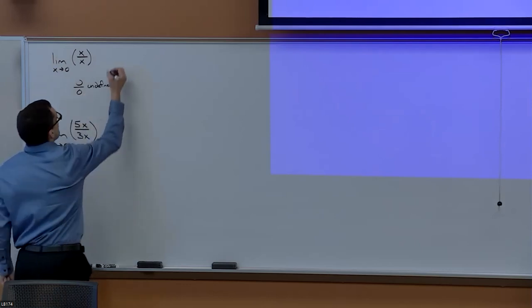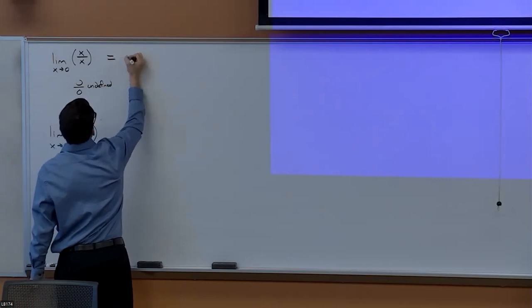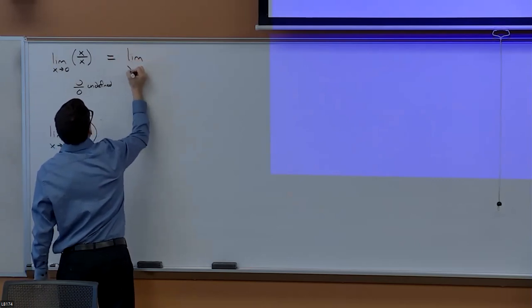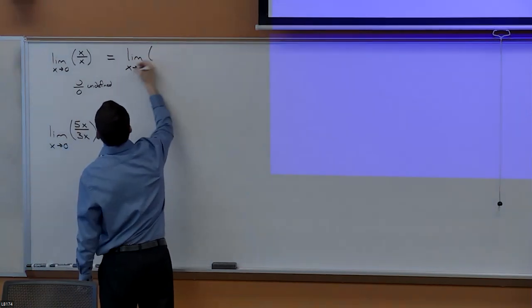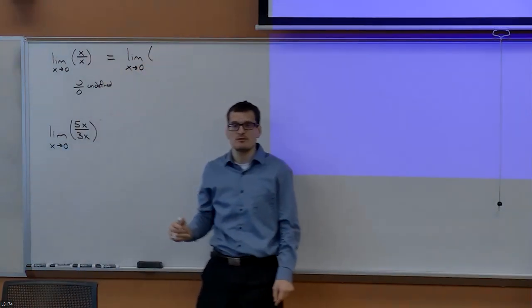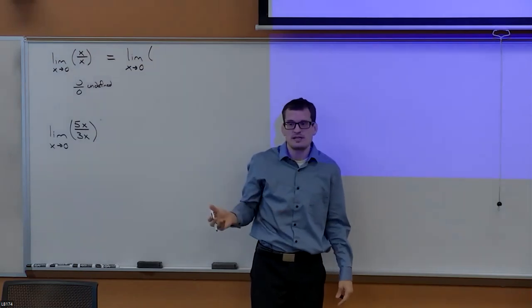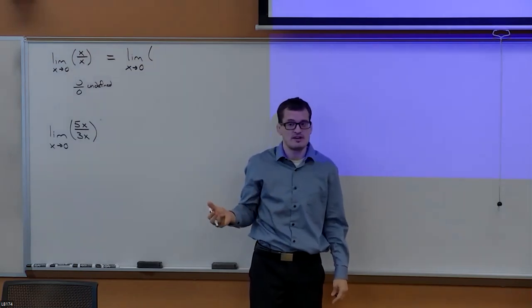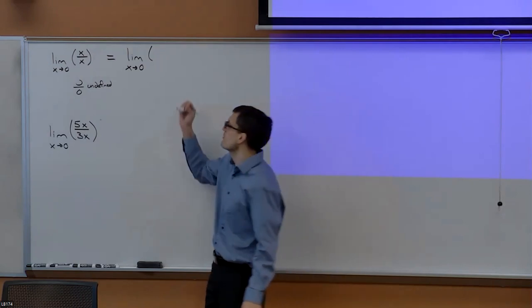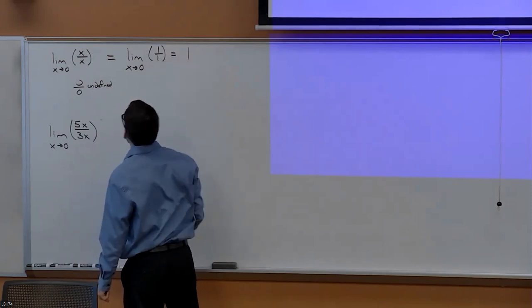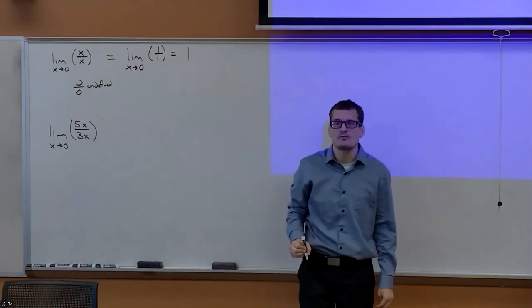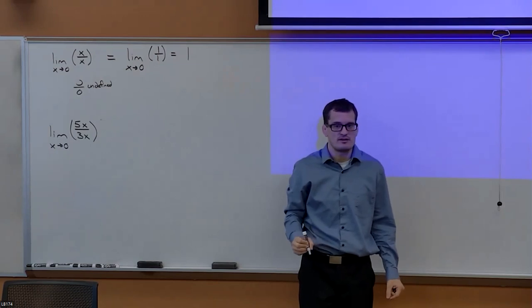However, we have one technique that we could have done, if you remember. And that technique is just algebraically simplify. This one's pretty easy to algebraically simplify. It's x/x, the x's will cancel out, you'll get 1/1. Limit of 1/1 is 1, no matter what you plug in.